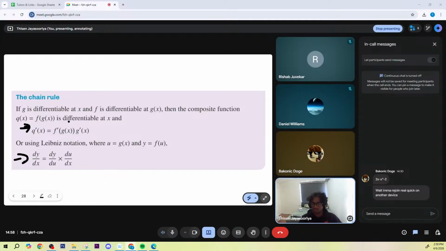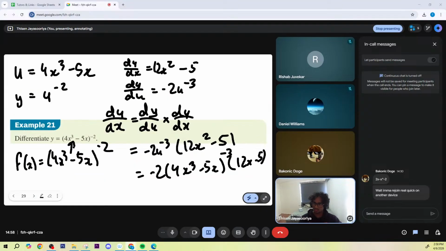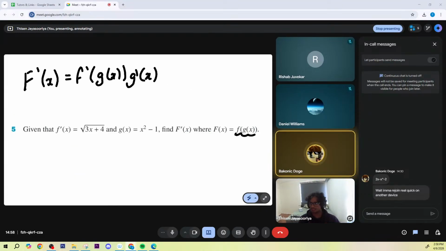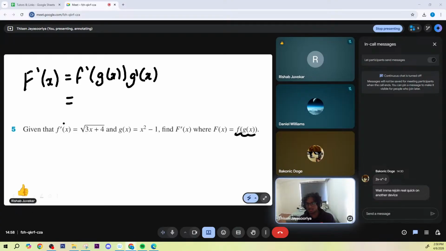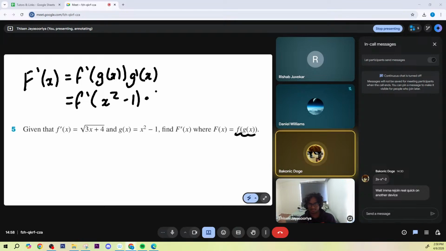That's why I wanted to introduce you to both of them, because both of them are useful in their own different ways. Does that make sense? Here, we know f dash of x is the square root of x squared take away 1. What's the derivative of g? 2x.